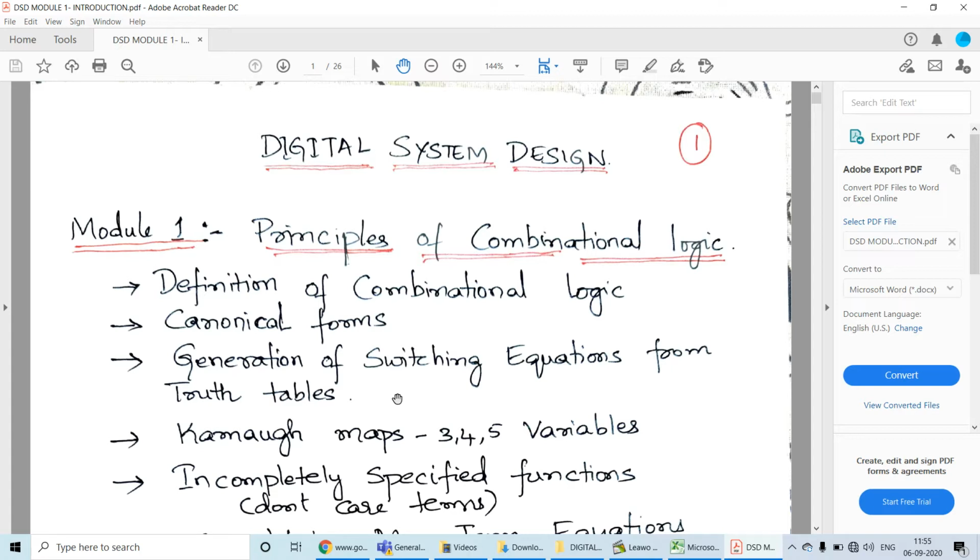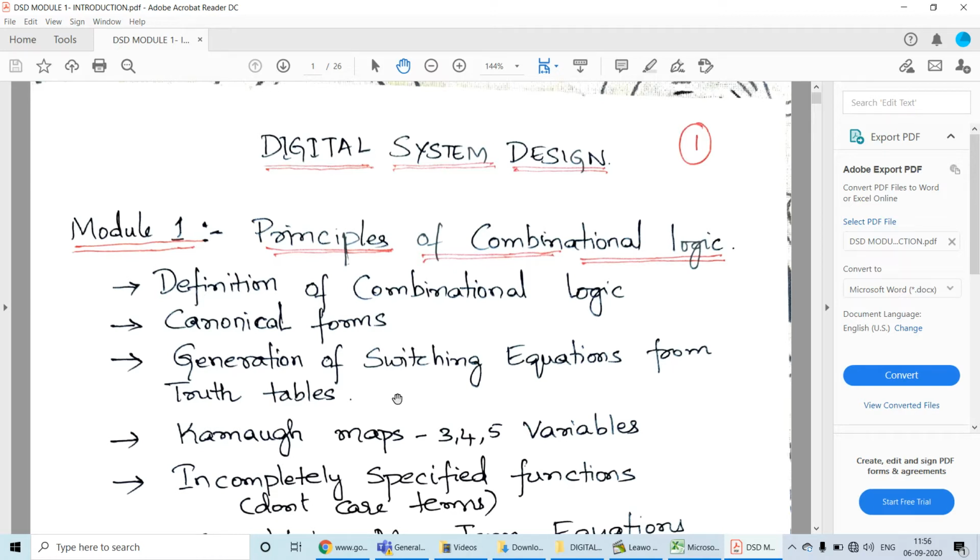So there are many names which have been given for this particular subject, where digital system design is one of the subjects where we normally learn different types of combinational logic circuits that we use in many components or many different devices that we design in our engineering life.